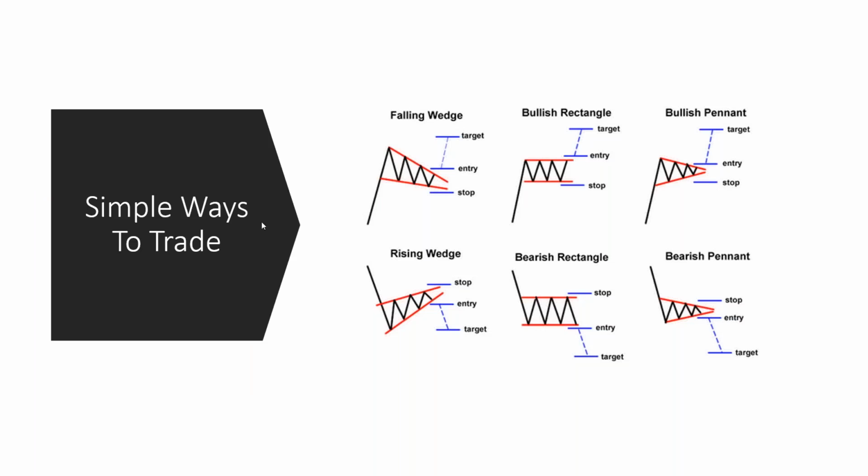Now, how do we use these to set our trades? These are standard industry acceptable values, or formulas. Whether we have a falling wedge, a bullish rectangle, or a bearish pennant, we would use the width or the base of our pattern.